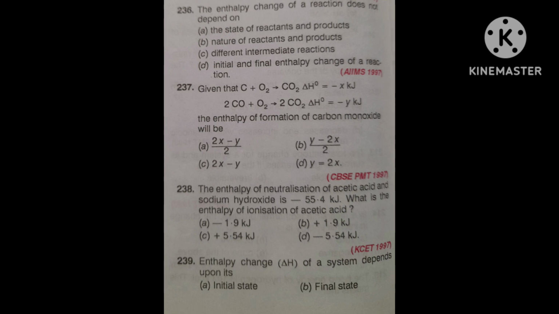Next question I am telling you. Given that C plus O2 gives CO2 and standard delta H value is minus x kilojoule, and 2CO plus O2 gives 2CO2, its standard delta H value is minus y kilojoule.